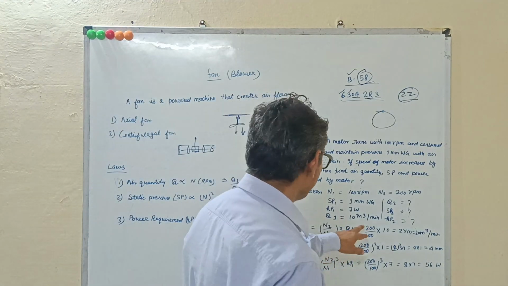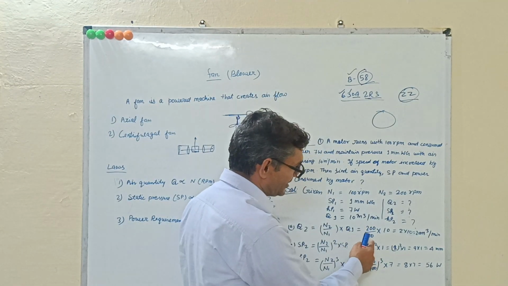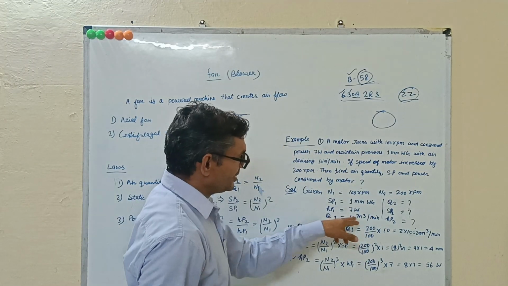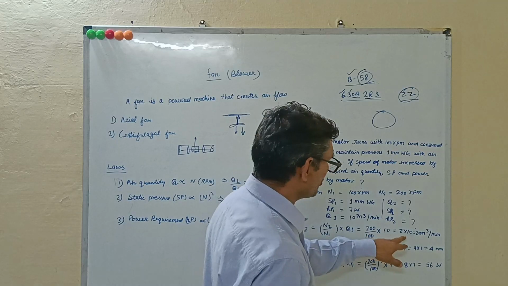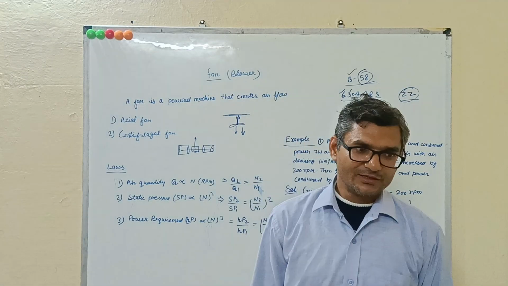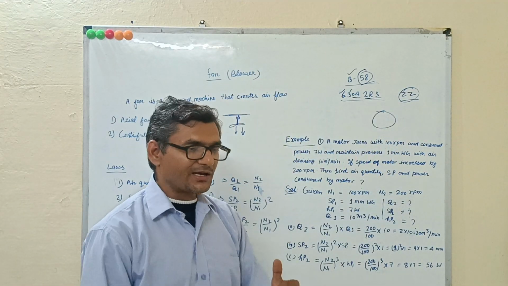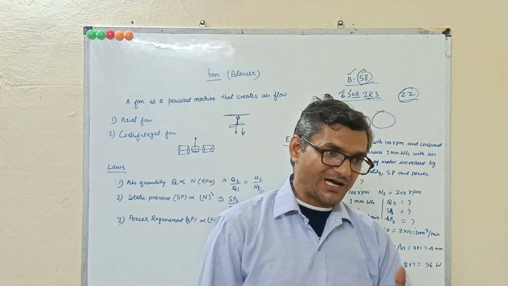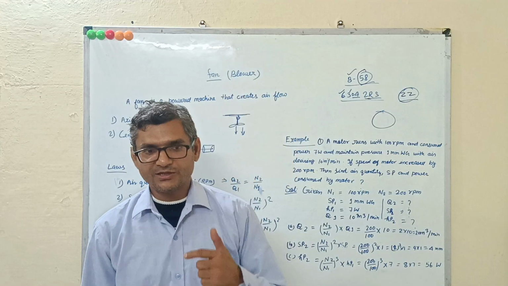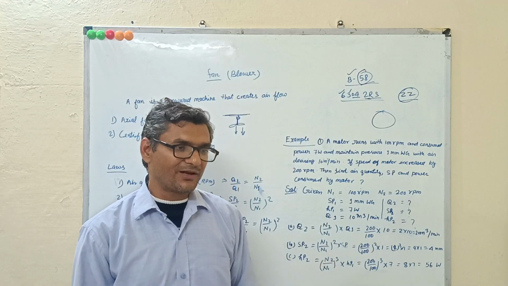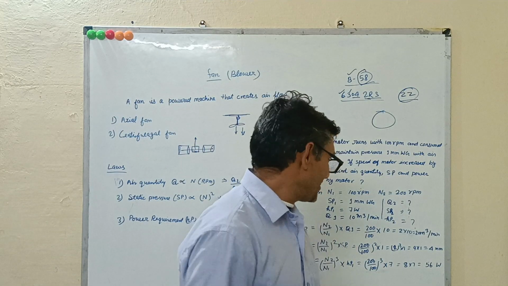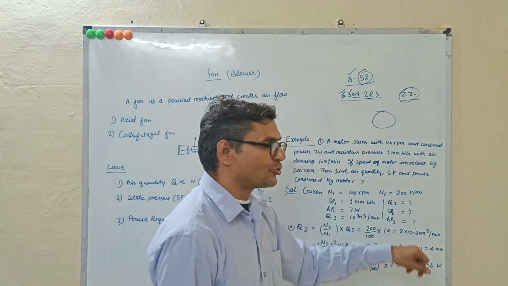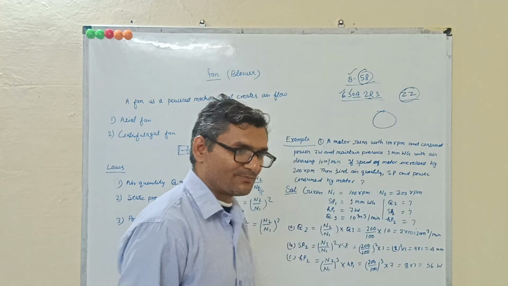N2 by N1 is 200 by 100, into Q1, which is 10. This equals 2 into 10. So if we increase the speed of the motor twice, the air quantity will also be twice, 2 into 10 equals 20.